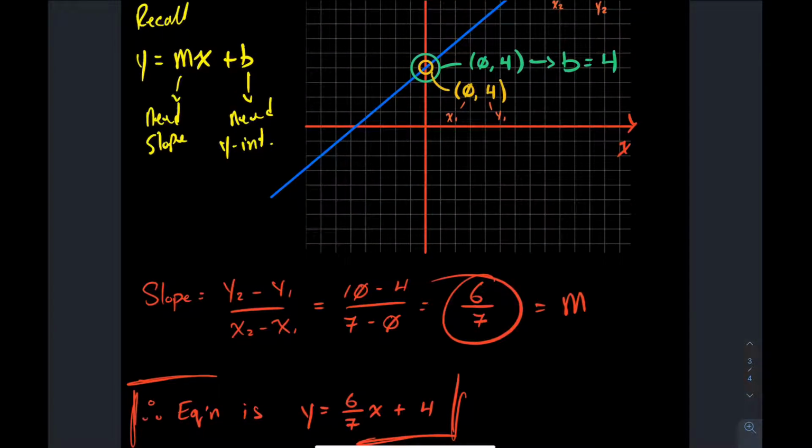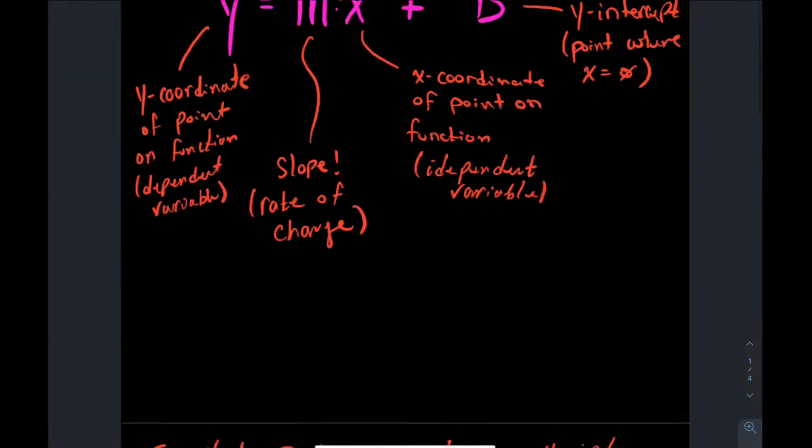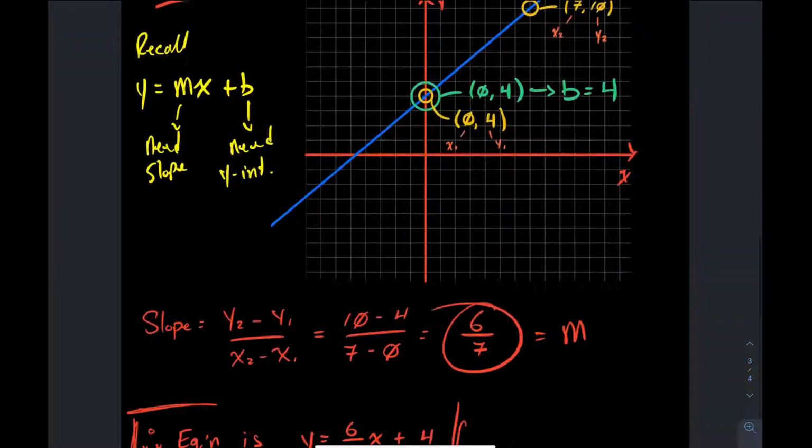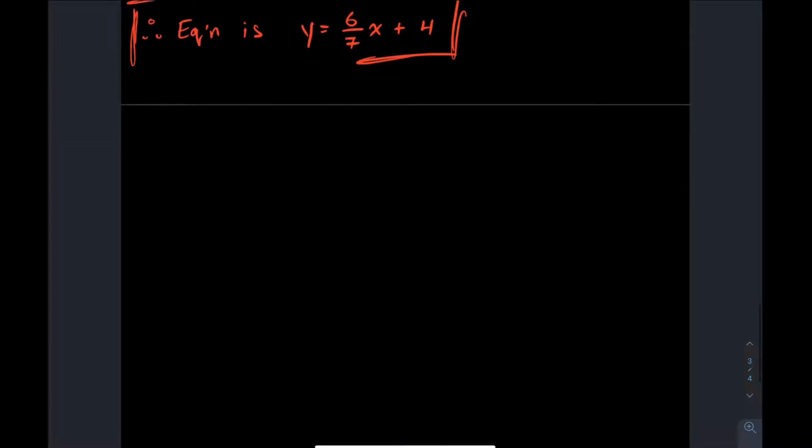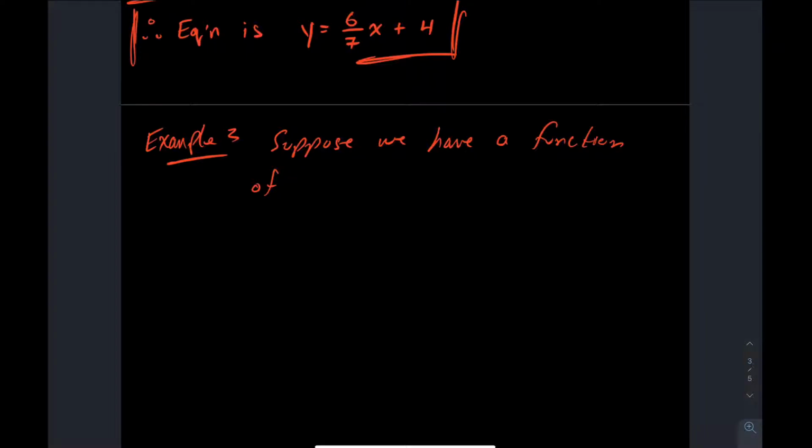So we just have 2 more things here, and we're good to go. What do we need to do? Checking if a point is on a line. Example 3: suppose we have a function y equals negative 5 over 4 times x minus 6.